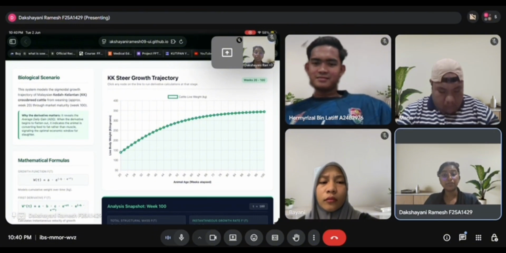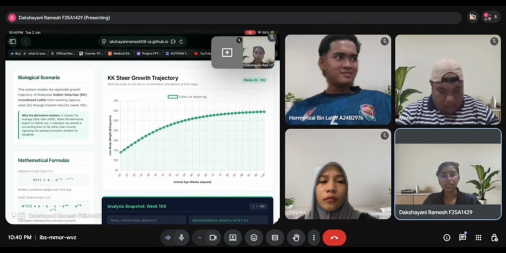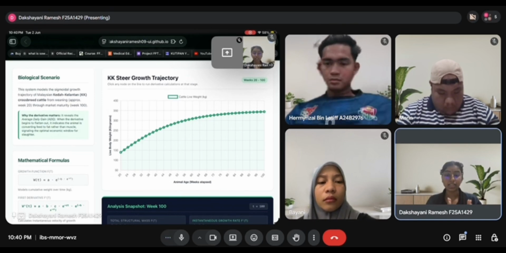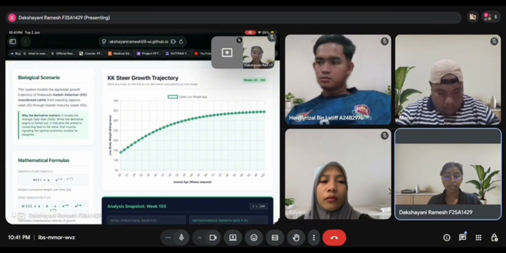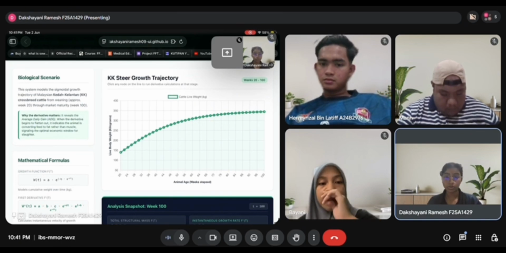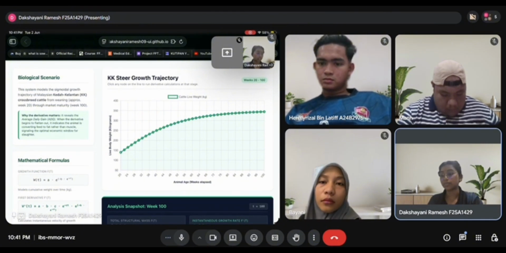By including feed efficiency information, users could compare the weight gain with feed consumption and better evaluate the economic performance of the animal. This would make the application more useful for farmers because both growth performance and feed costs are important factors in livestock production.